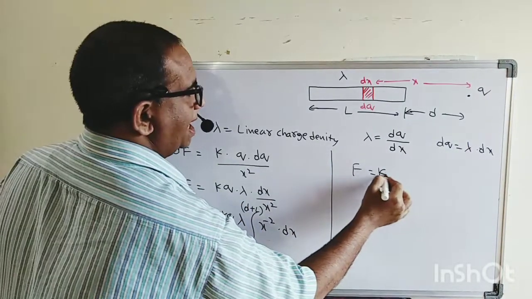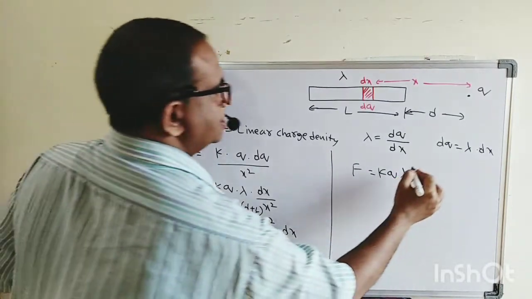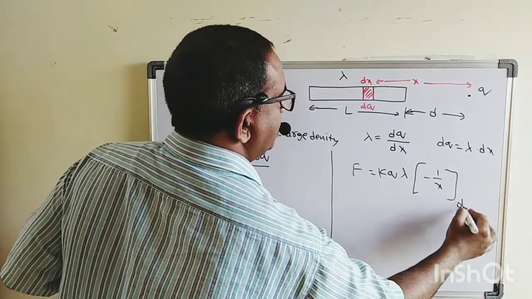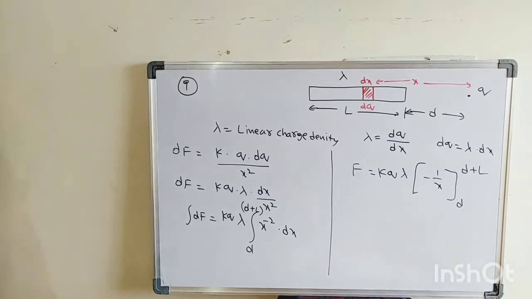So kq lambda as usual, and the integral of x to the power of minus 2 is nothing but minus 1 by x, from D to D plus L. Are you following what I am saying?